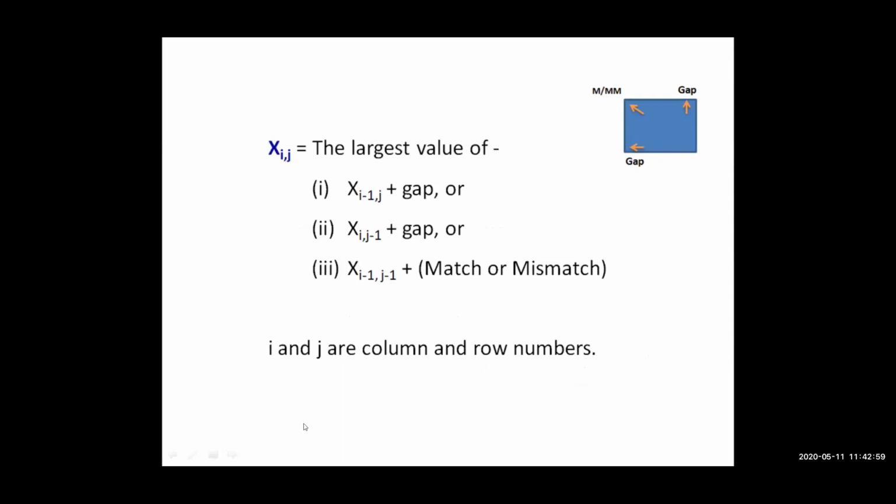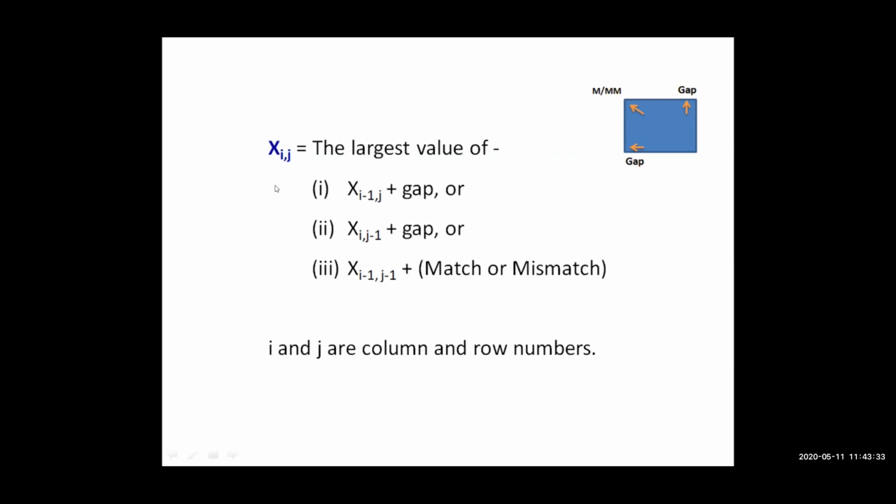Now, the calculation that we do for finding a particular value in a cell, as we discussed in the last class, comes by 3 ways, as we already know. That can be expressed in terms of an equation like this. So this is the real equation used in the algorithm. When dynamic programming is made for an alignment tool or alignment software, they take into account this kind of mathematical equation.